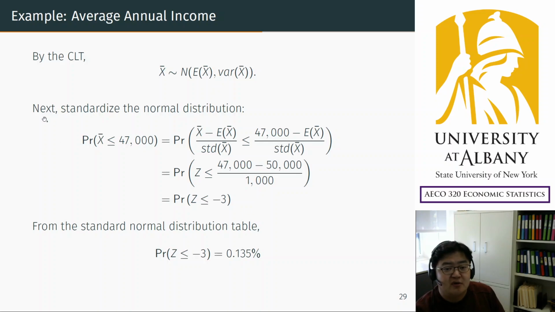Here we are. So first, you standardize. Smaller than 47,000 will be standardized by X bar minus its expectation and divided by its standard deviation. These are the parameters necessary to standardize. And remember, the other side of the inequality must be standardized in the same way, like this. And we know the values. Here, standard deviation of X bar is 1000.